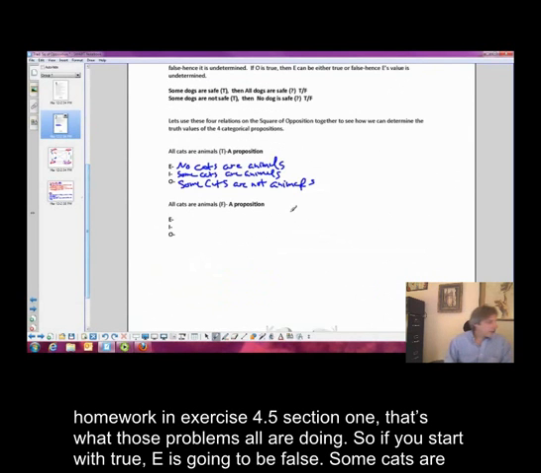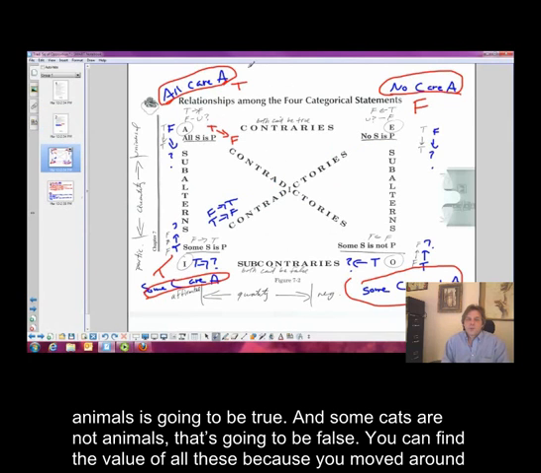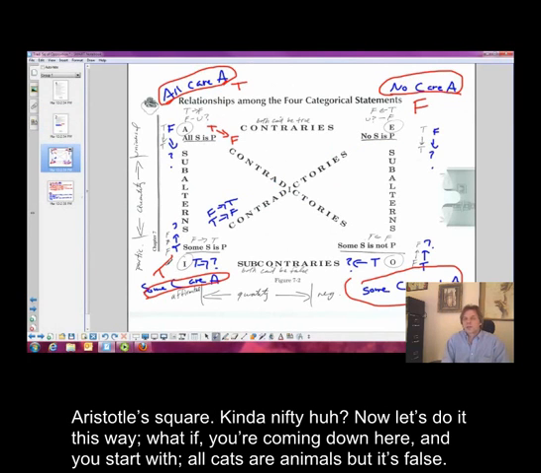A lot of your homework in exercise 4.5, section 1, that's what those problems all are doing, okay? So if you start with true, E is going to be false. Some cats are animals is going to be true, and some cats are not animals, that's going to be false. You can find the value of all these because you moved around Aristotle's square.